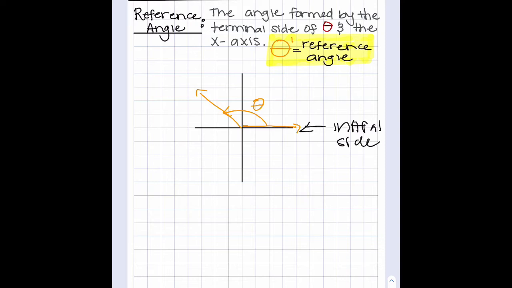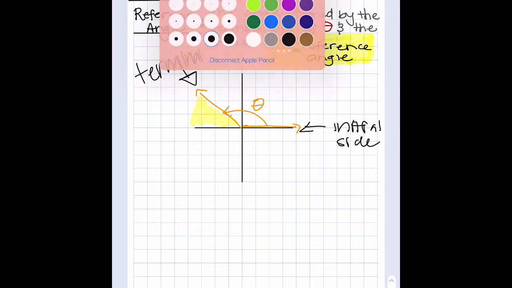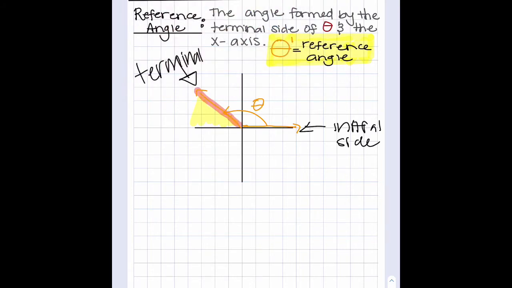And this side here, that's our important one. That's the terminal side. And so a reference angle lives in this area here. Okay. So our reference angle is created with this terminal side here and this x-axis.